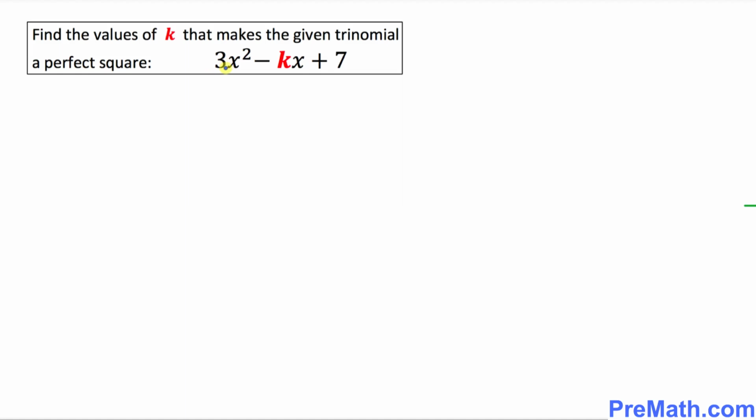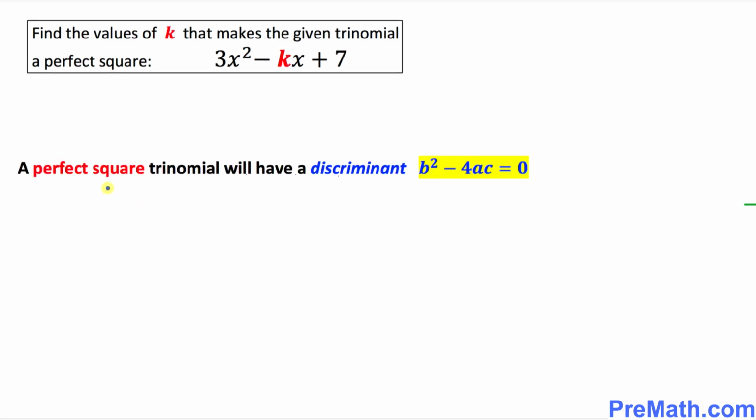In this problem, 3x squared minus kx plus 7, we want to find the k value so that this trinomial becomes a perfect square. And we know that a perfect square trinomial will always have a discriminant b squared minus 4ac equal to 0. That means we must find the value of this discriminant.